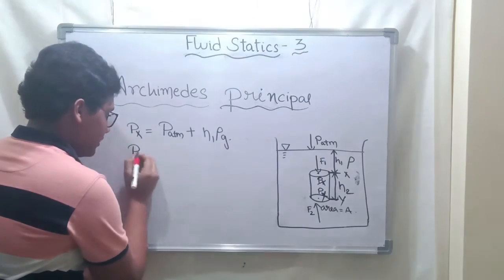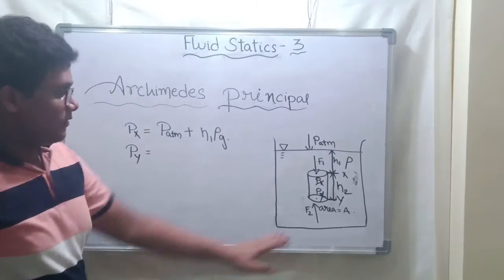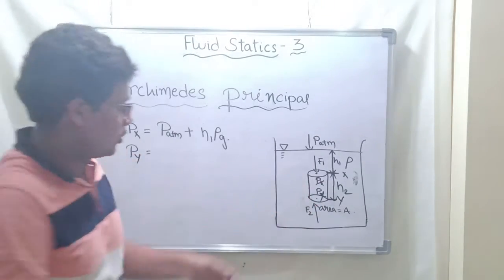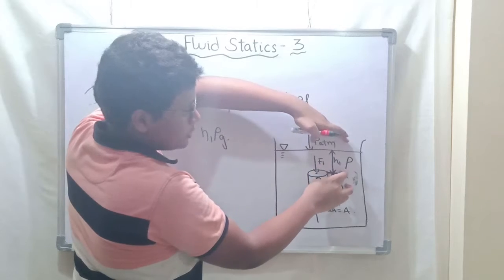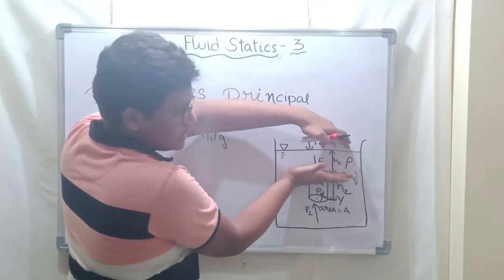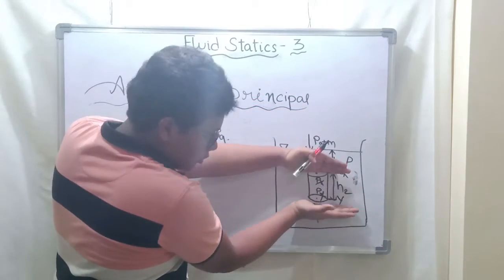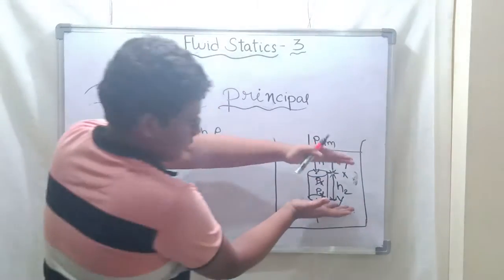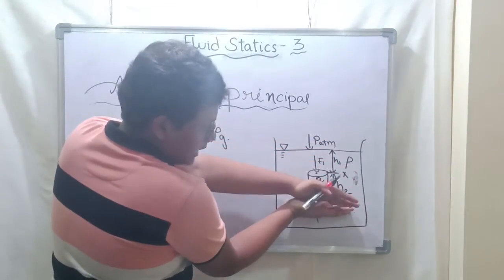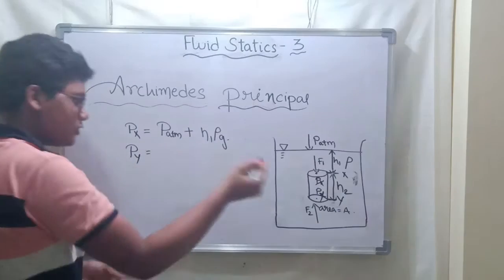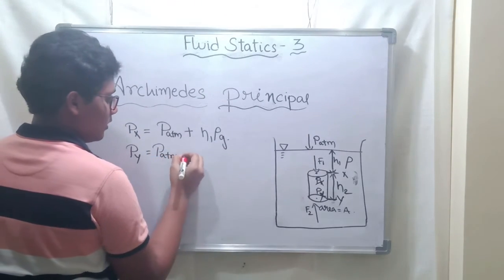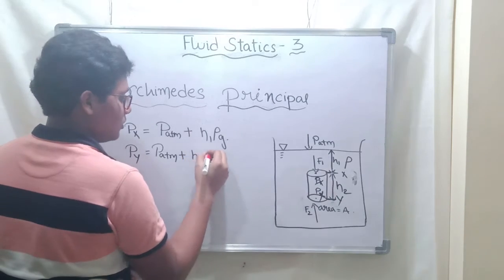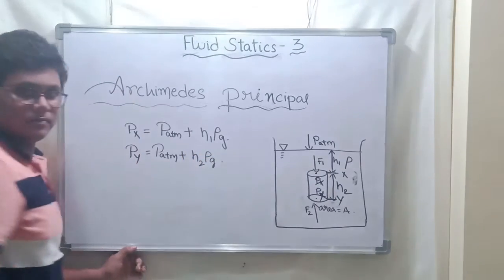Next, Py at this bottom is PATM plus h1 rho g up to here, plus h2 rho g extra is adding, up to Py.